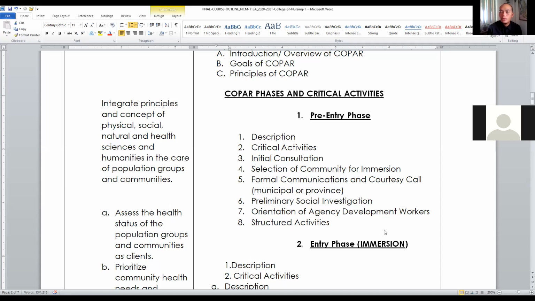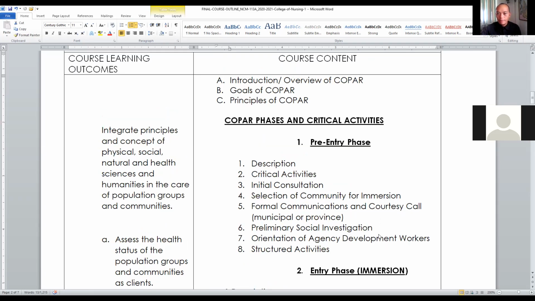So for you to be able to experience COPAR in your home, I might ask you to complete the household survey form by interviewing people in your household, the head of the household. You may also be required to interview your neighbors, for example. Okay, so that is one way of experiencing community with the present lockdown that we have. Okay, so yung mga activities na gagawin natin.